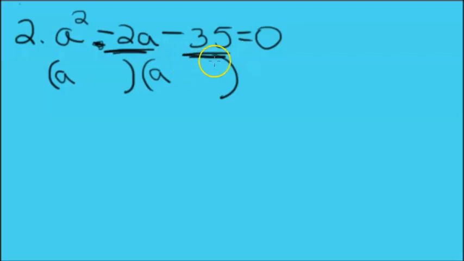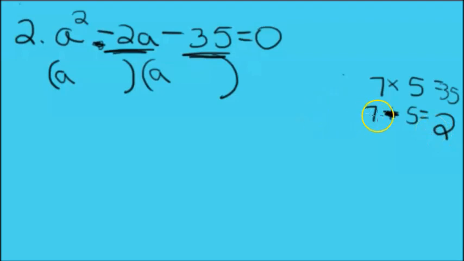Alright, so we have 7 and 5. So 7 times 5 is 35, or 7 minus 5 is going to be 2, so we could use that as well. So let's go ahead and put these in here, 7 and 5.